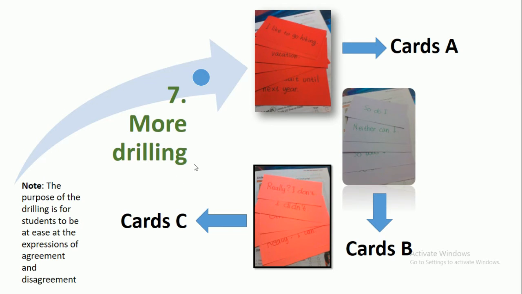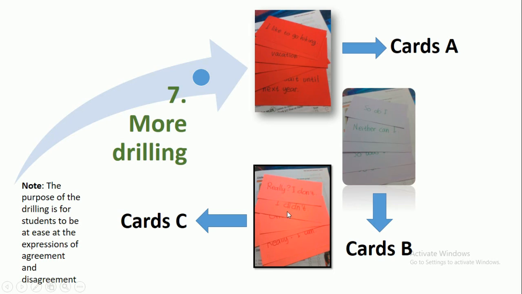The process is divided into 4 rounds. The first round, the students only have to read what they have in their cards. Okay, and then the second round, cards B are going to be taken, and then they will repeat the same process as round 1. On the third round, cards C are taken and they will repeat what they have in the first round.